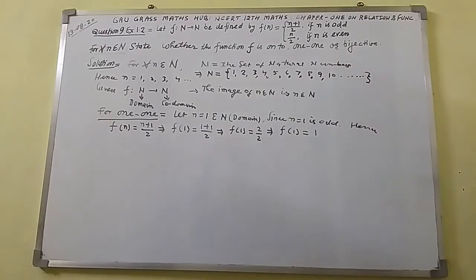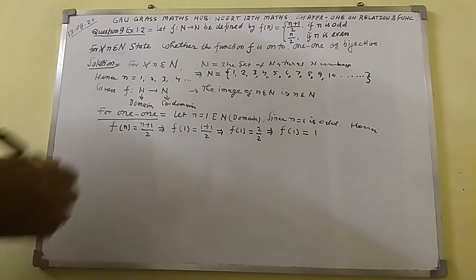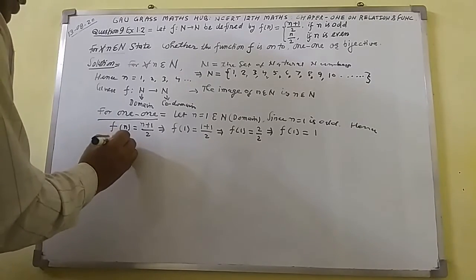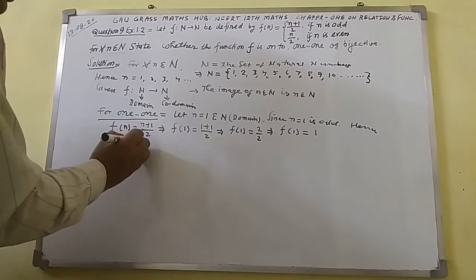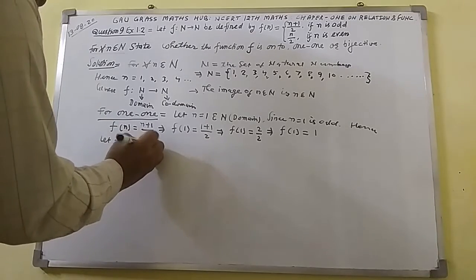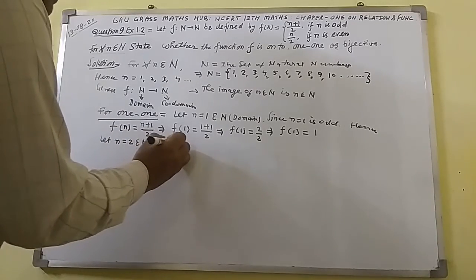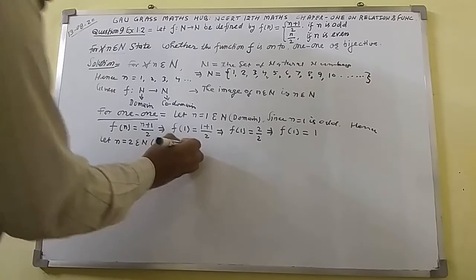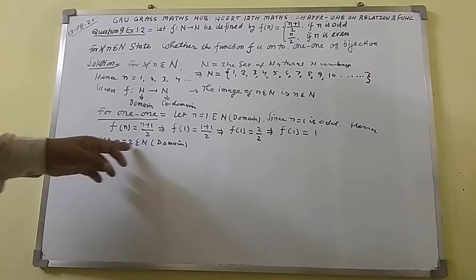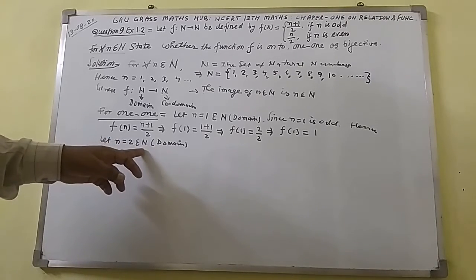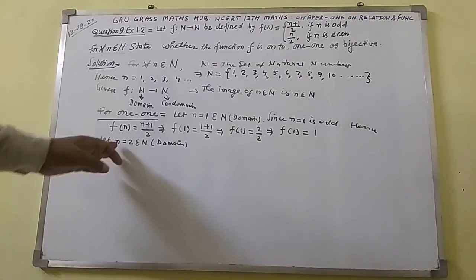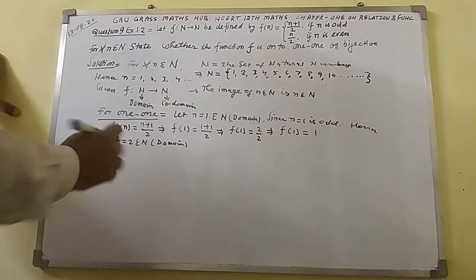Now come to the next one. Again I shall write, let n equal to 2 belong to capital N, that is the domain. Capital N is the set of natural numbers, and 2 is a natural number. So here n equal to 2.